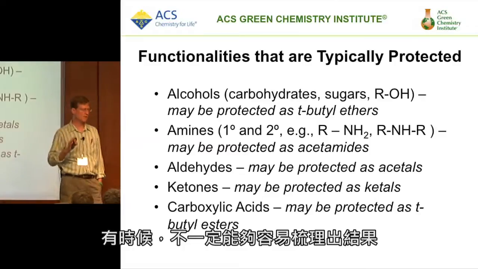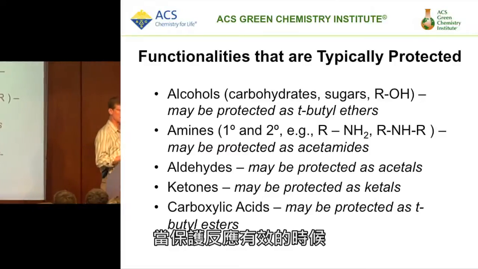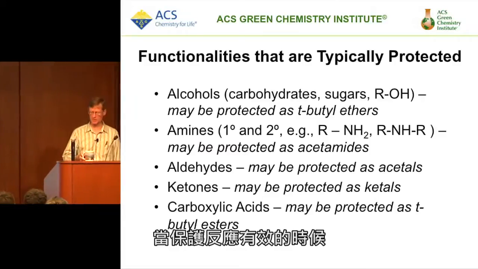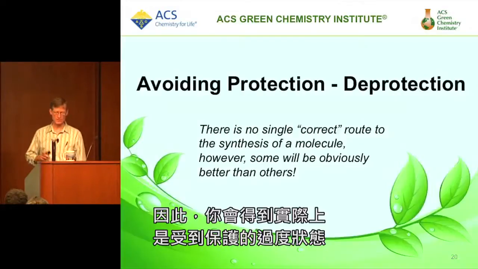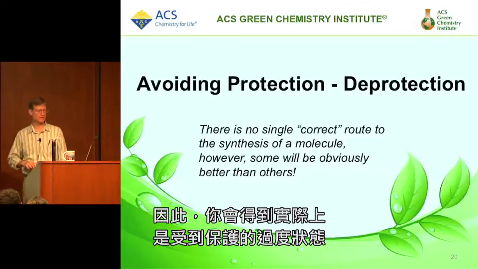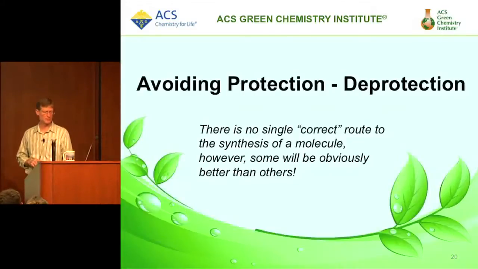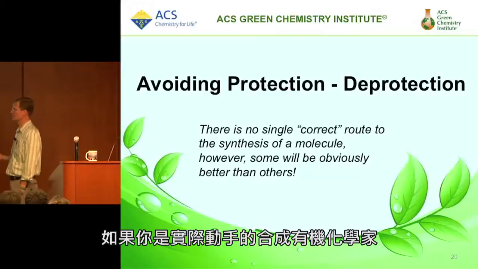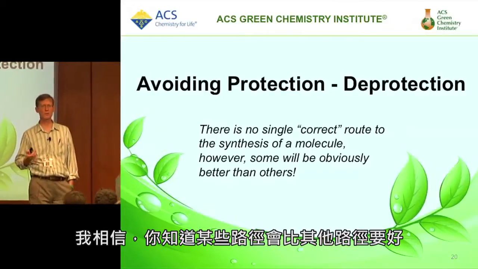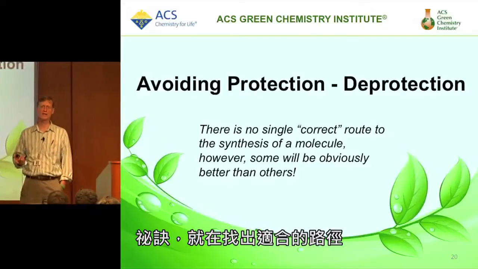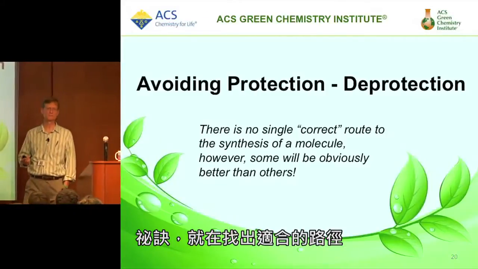And sometimes it's not always easy to tease out when actually a protection reaction is taking place because there are simultaneous reactions happening. So you get a transition state that's actually being protected. So again, I'm sure if you're practicing synthetic organic chemists, you know this. Some routes are better than others. And the trick is finding the right route.